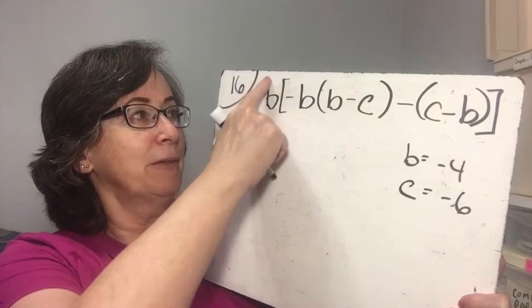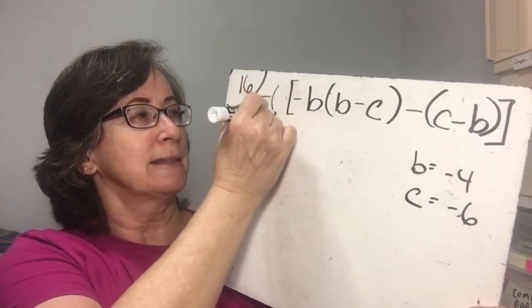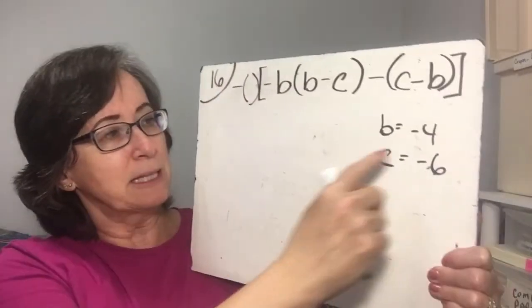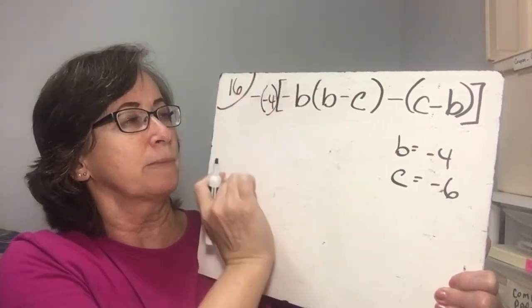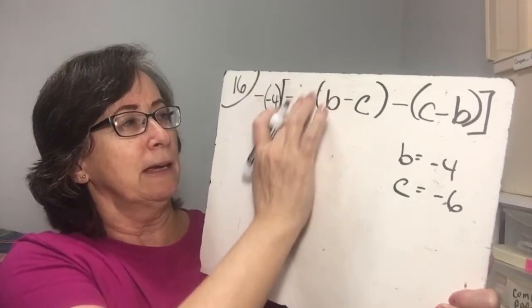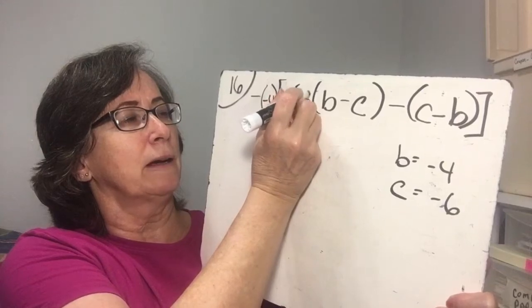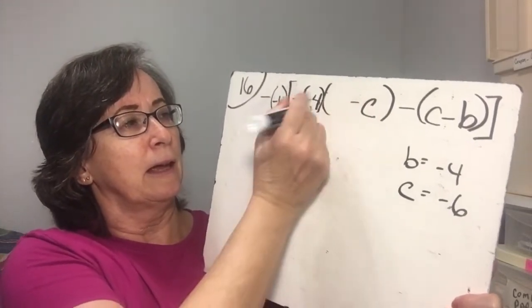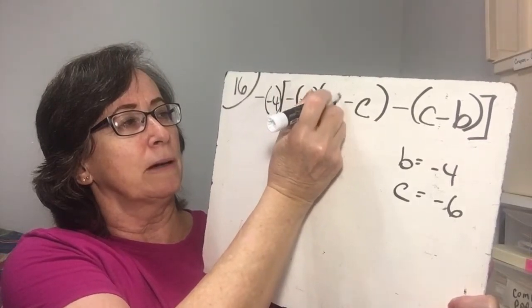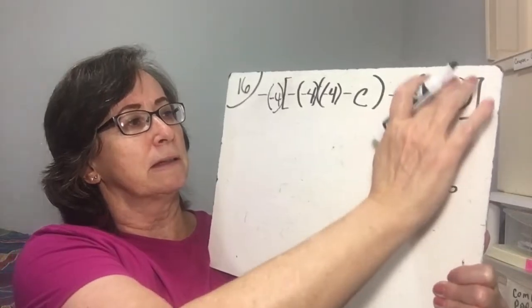So we're going to take out the b, and in place of it we're going to put a parenthesis with a negative 4, because that's what b is equal to. Take out the b and put in a negative 4. Let's go ahead and do all the b's.